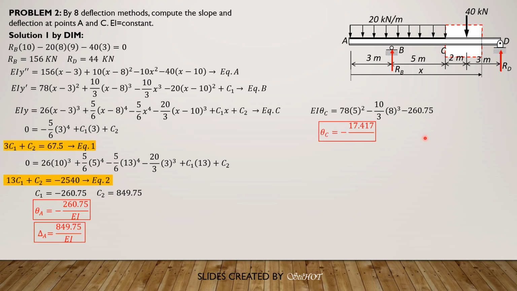So theta C is equal to negative 17.417 over EI, and in equation C, 26 times 5 cubed, and this is 0, then minus 5 over 6 times 8 to the fourth, then ignore, then minus 260.75 times 8 plus C sub 2, which is plus 849.75.